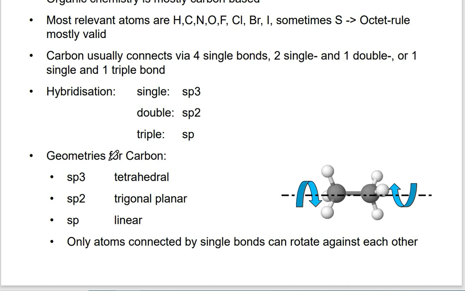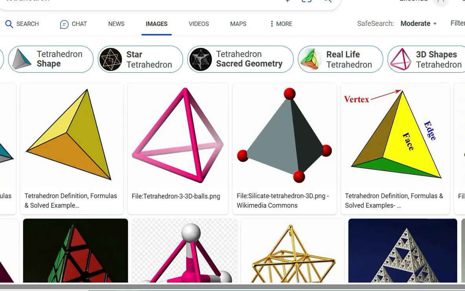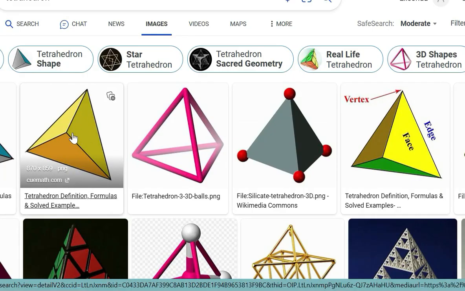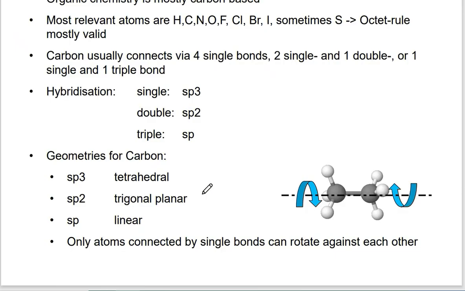We talked about it, like in the case of methane, tetrahedron, because it's composed of 4 equal sp3 hybrid orbitals, or trigonal planar in the case when we have a double bond, or linear when we have a triple bond.